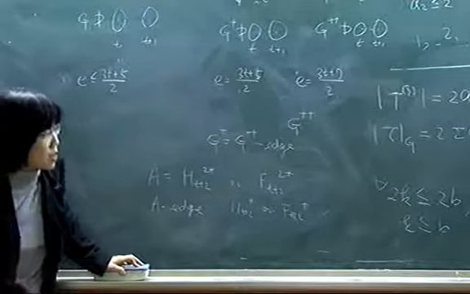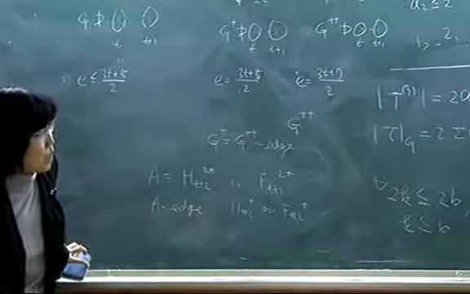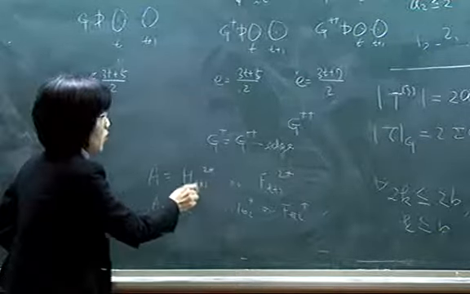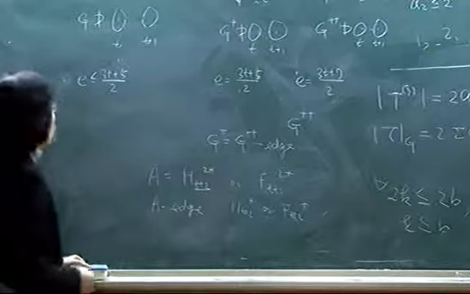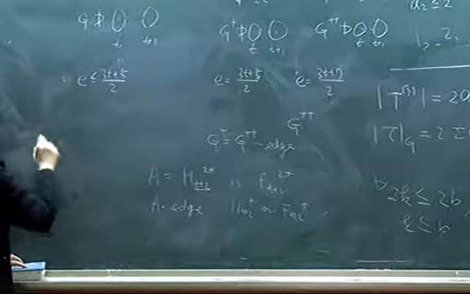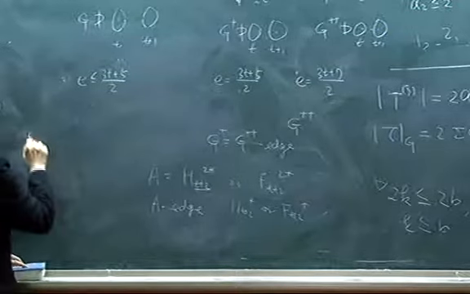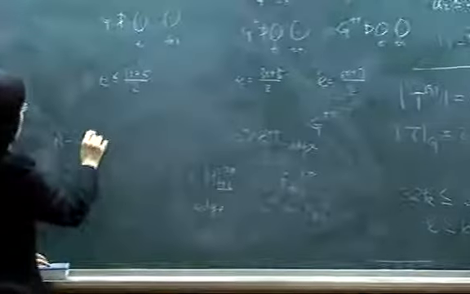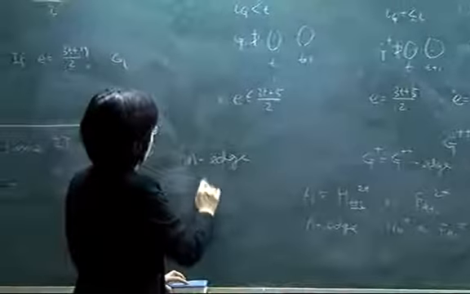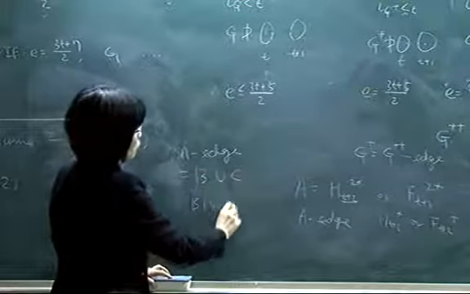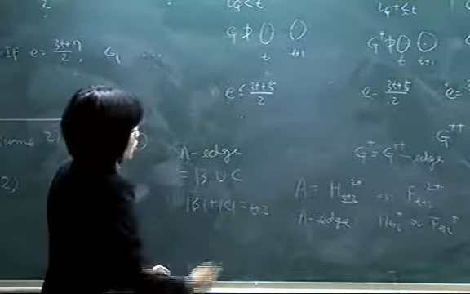And if it's disconnected, then A minus H is going to be disconnected with two parts, and that adds up to T plus 2.